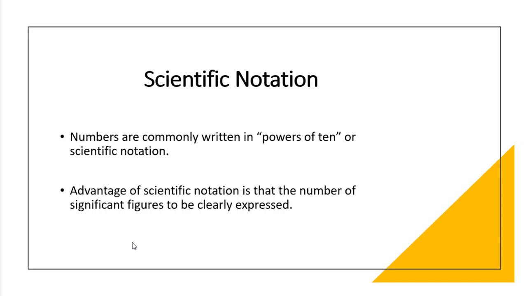Similarly, whenever we try to write an answer, we prefer to write it down in scientific notation. What does it mean? It means we write down the answer in powers of 10, or scientific notation. The advantage of this is that we can be sure about the number of significant figures in the problem.